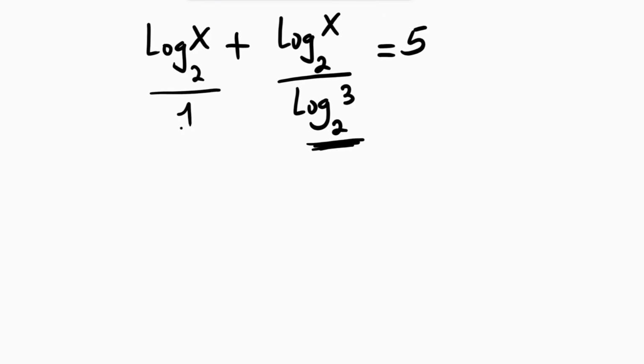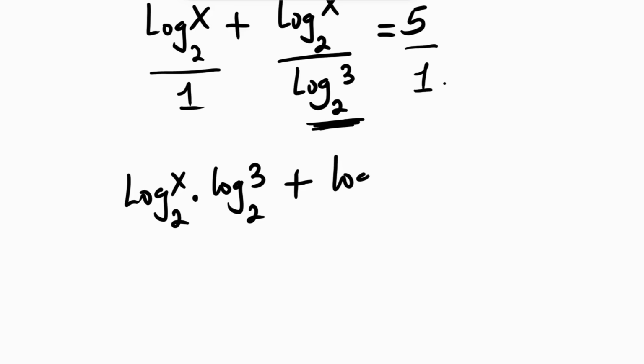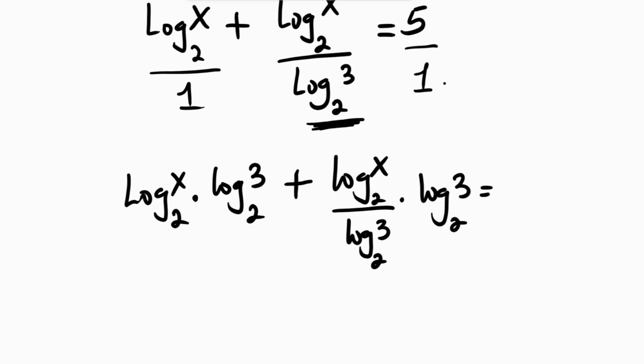whereby this is just over 1, this is just over 1. Okay, so now this is the same thing as log of x base 2 times log of 3 base 2 plus log of x base 2 divided by log of 3 base 2 times log of 3 base 2 equals 5 times log of 3 base 2.